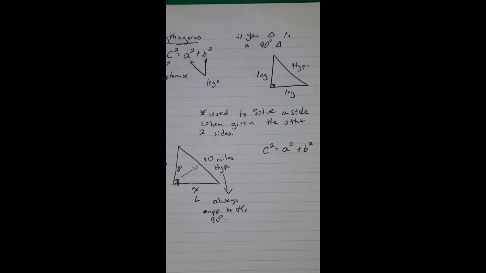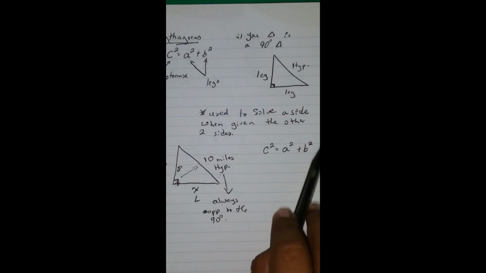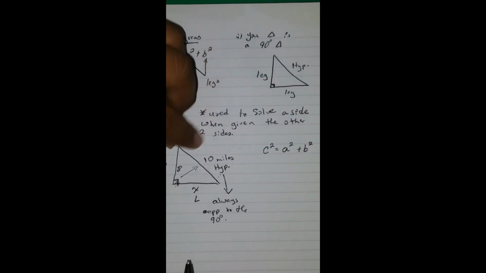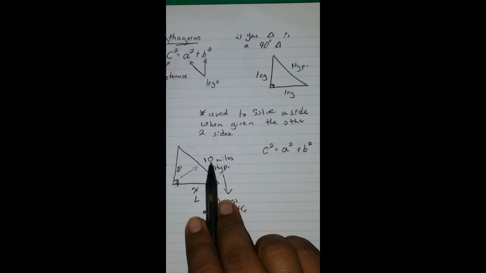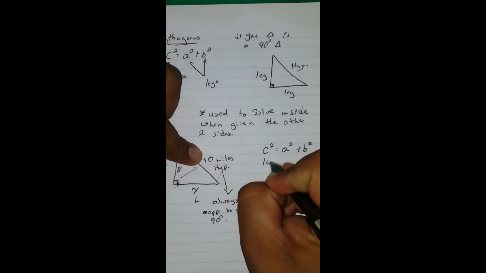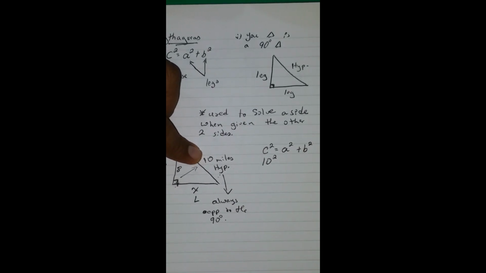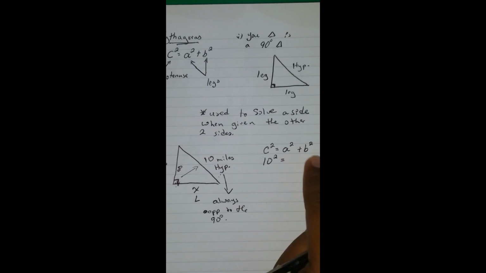Once we do that, then we move on to substituting the numbers. The hypotenuse is 10, hence c is 10, and we put it in there, 10 squared. a is going to be one of the legs, and then b is going to be the other one.